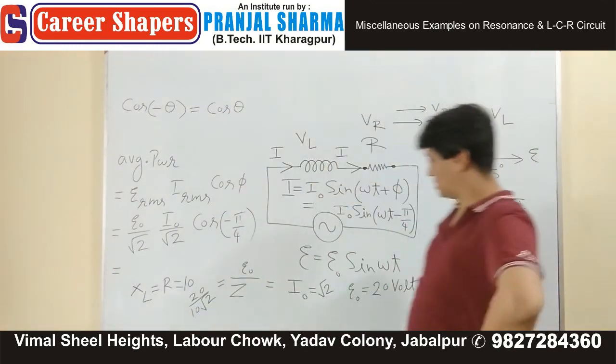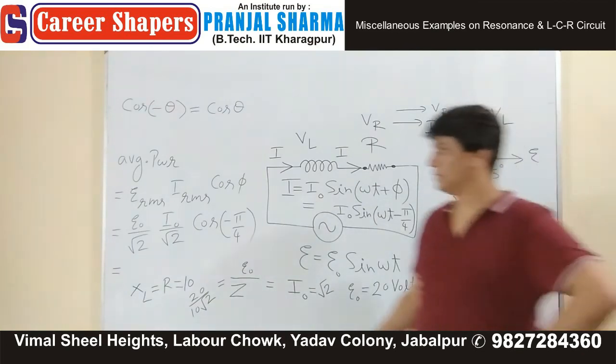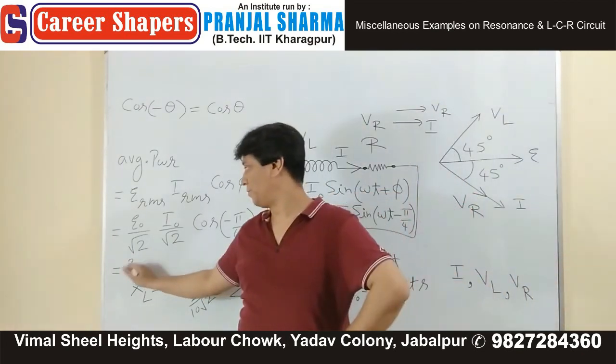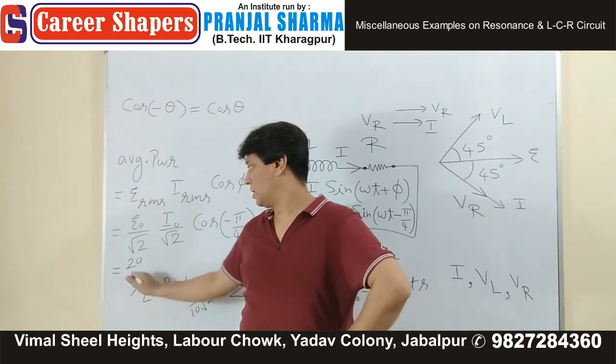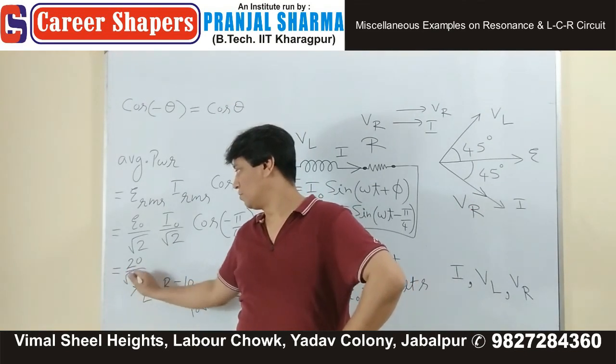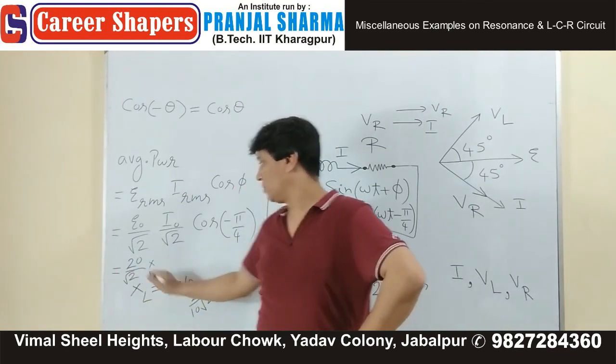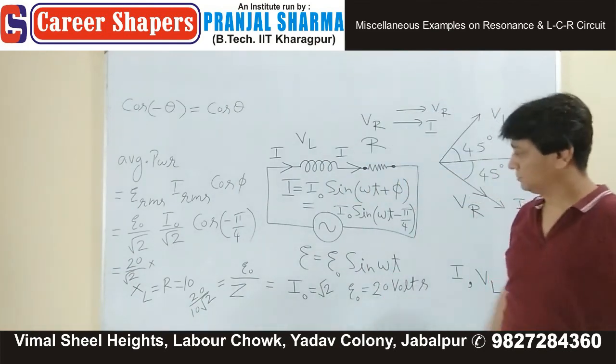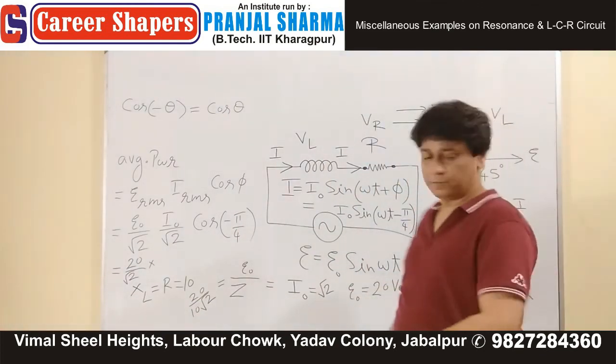What is E naught? 20 divided by root 2. What is I naught?